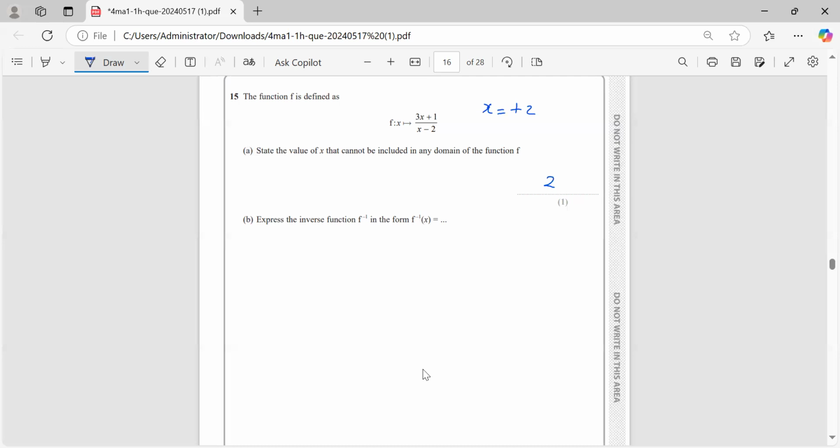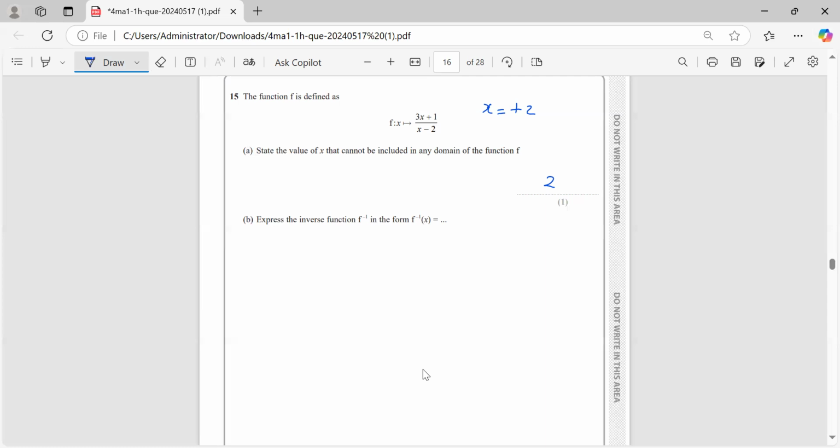All right, moving on to the next question. They say to express the inverse of the function f, f to the power of -1, in the form f^-1(x). That's just the inverse of a function of f of x. All right.